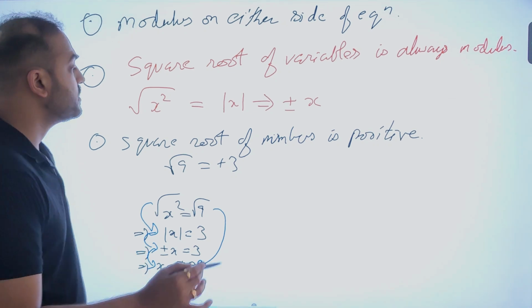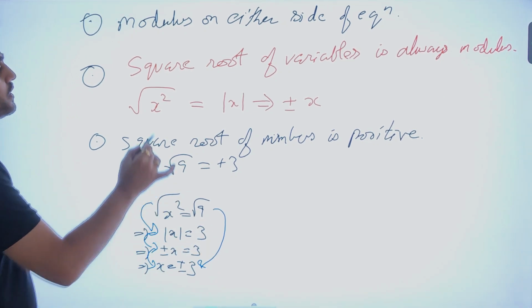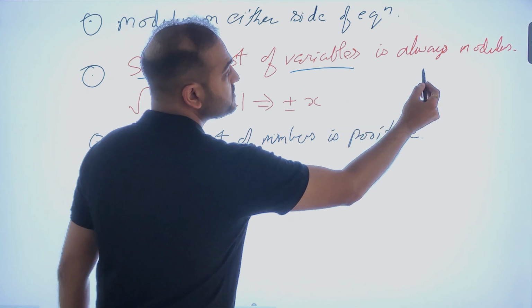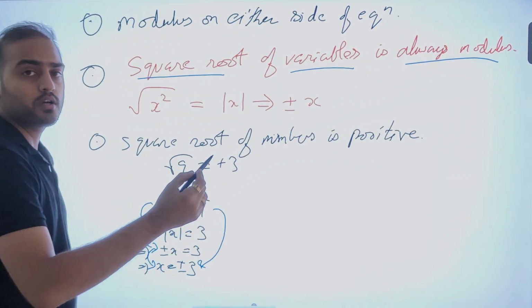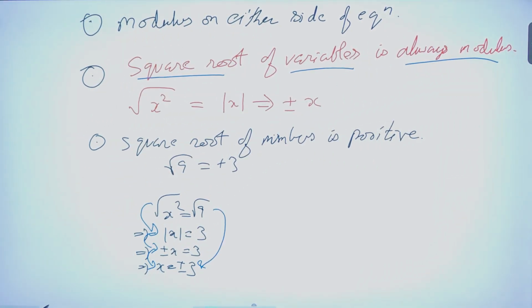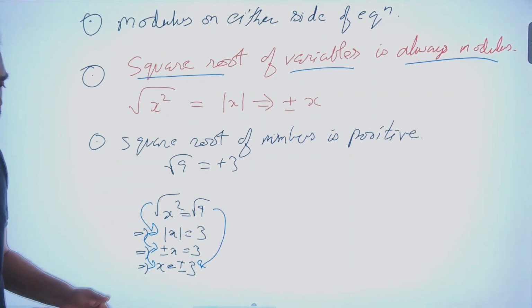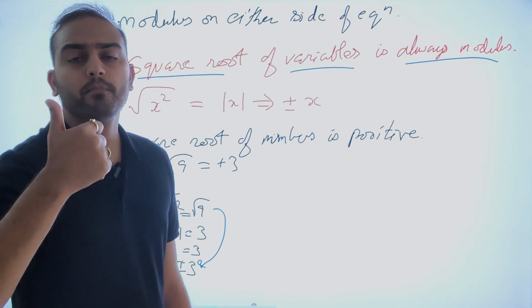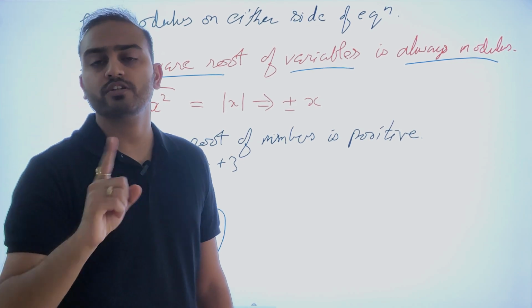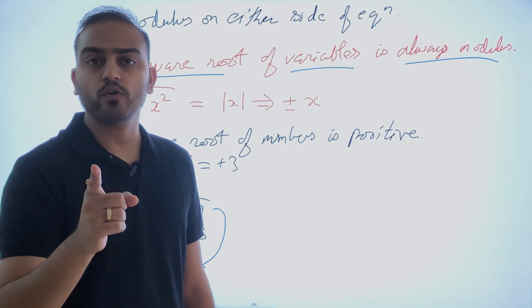So remember, this is super important. Square root of variables is always modulus. Alright, I hope you understand this. A quick recap. Method number 1, break the modulus into two parts, plus and minus. When do we use it?